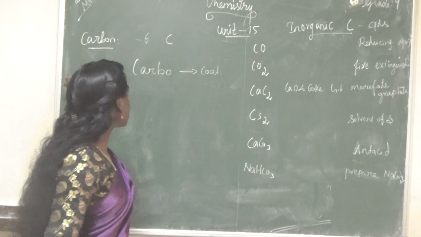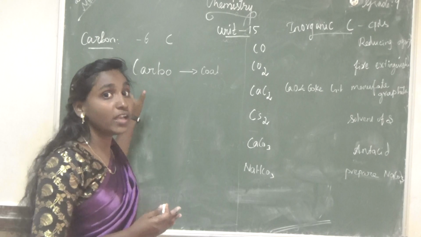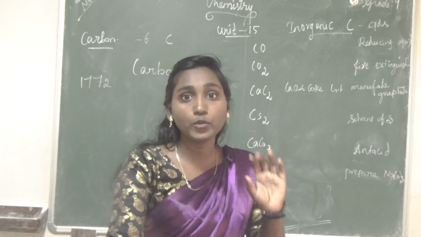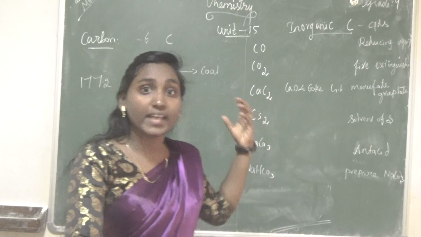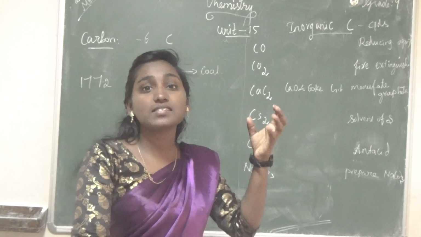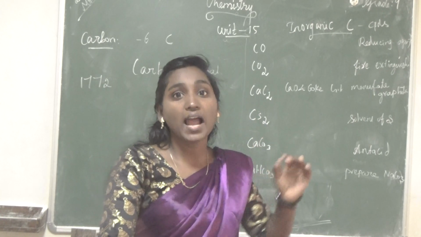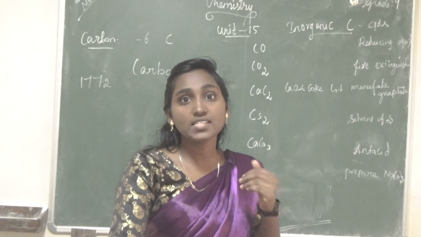In his experiment, he and his co-workers bought a diamond. You know the diamond, right? They kept the diamond in a closed glass jar and focused sun rays on this glass jar.